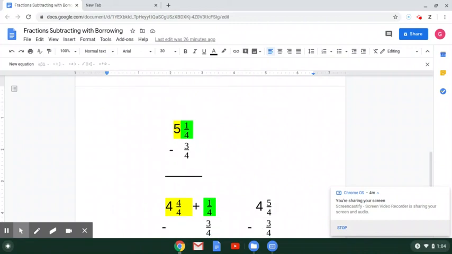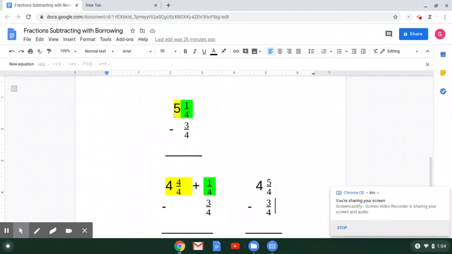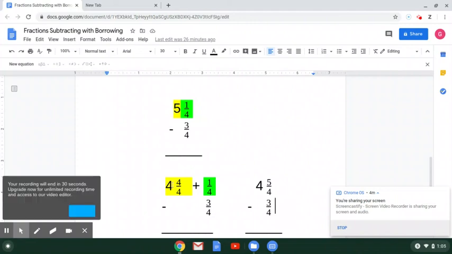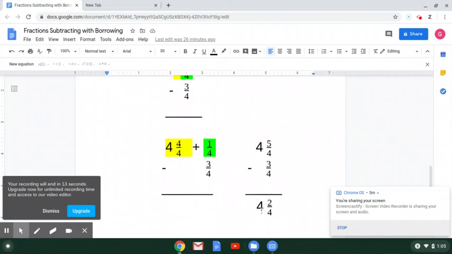So we're going to express 5 as 4 and 4/4, which is the same as 4 plus 1. And we're going to put them together to get 4 and 5/4. And then we're going to take away the 3/4 from that, and we get 4 and 2/4 as our answer.